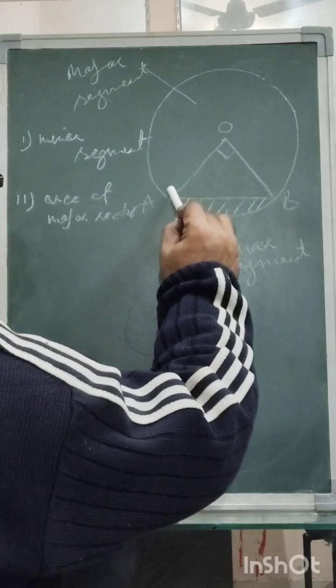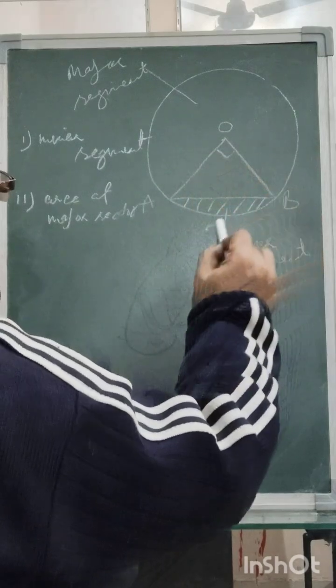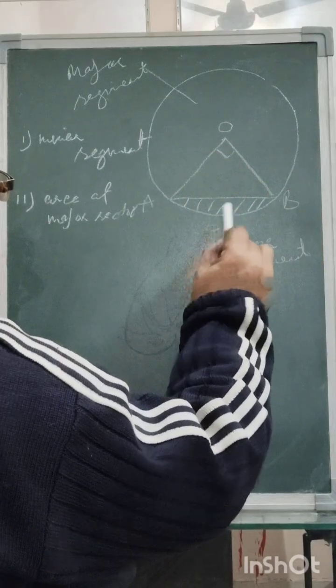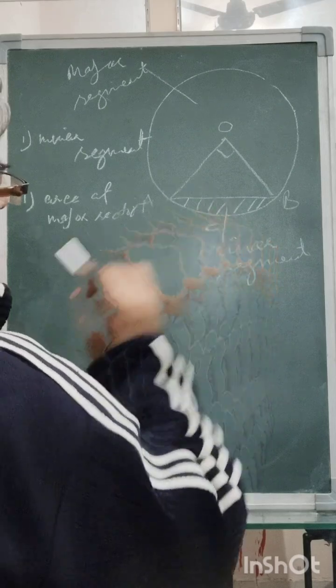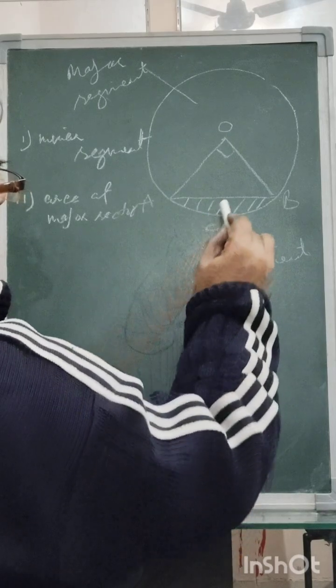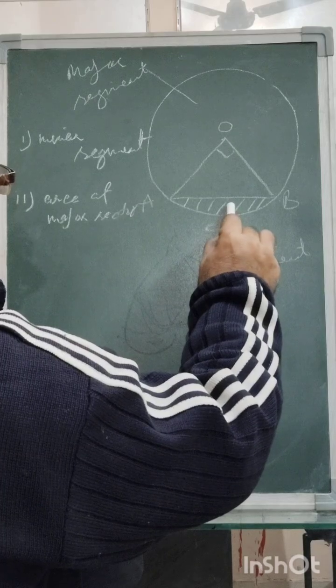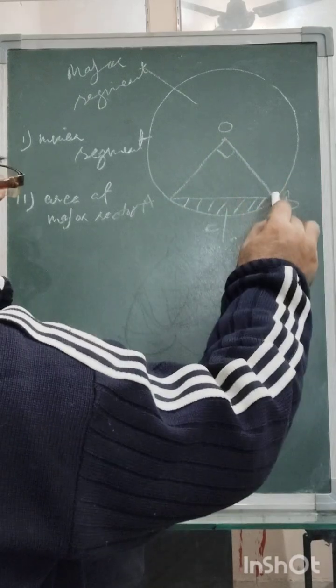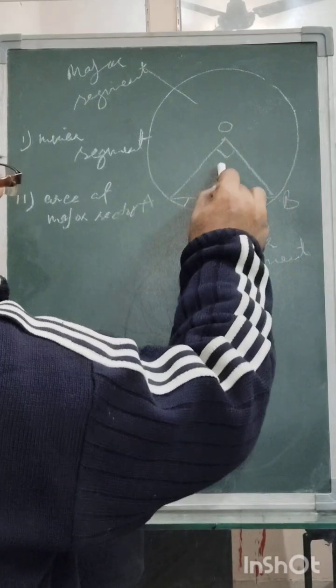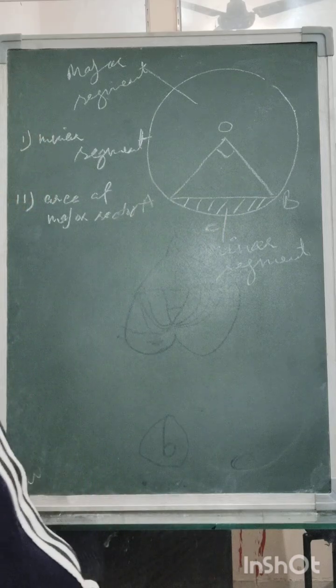If we observe this part AOBC, we can see that the area of the minor segment is the difference between the area of the minor sector minus this triangular area.